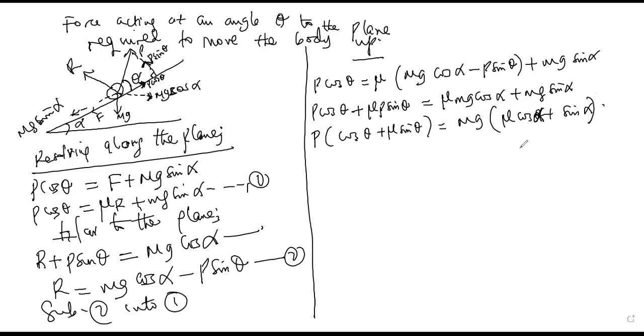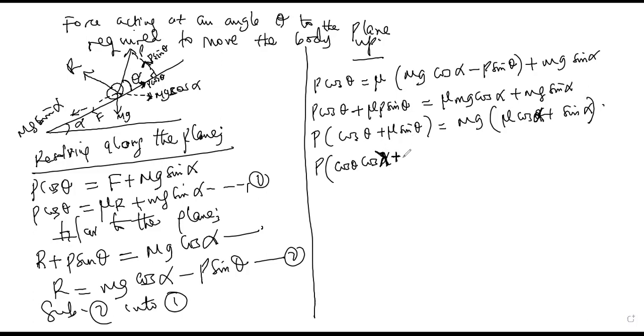It is cos alpha. So wherever mu is, I'm going to substitute. So it will be P into cos theta, and mu is the same as sin lambda over cos lambda. So I will say cos theta cos lambda. I've substituted it already. I'm assuming that you have understood what mu is equal to.